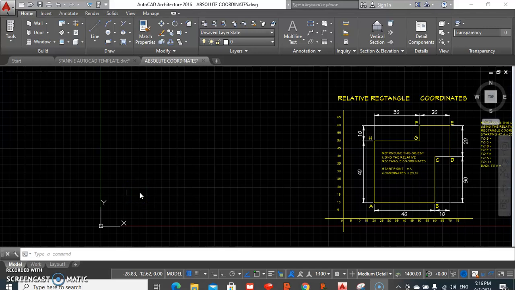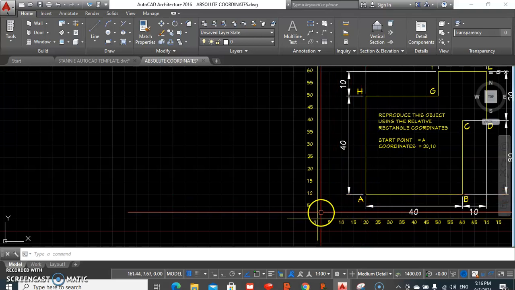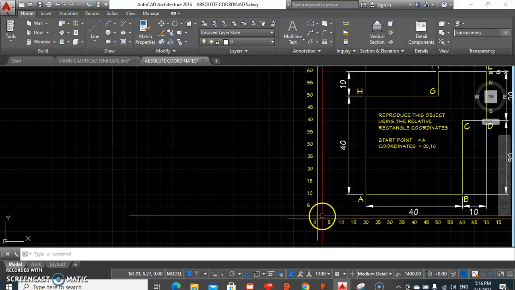Welcome to this tutorial where we're going to be exploring our relative rectangle coordinates. In our previous tutorial we looked at the absolute coordinates, where the coordinates for our points were always in relation to the origin.